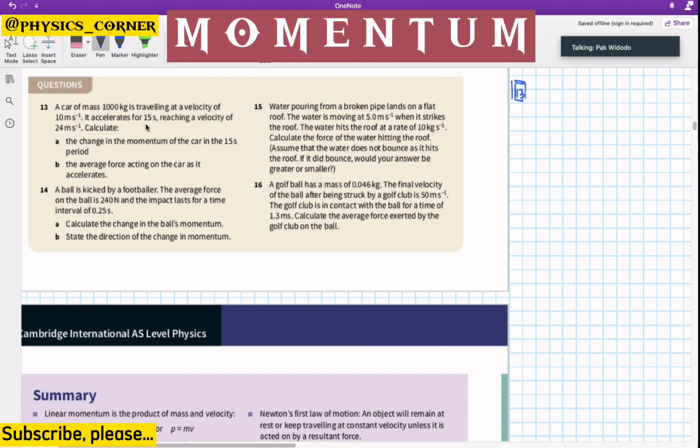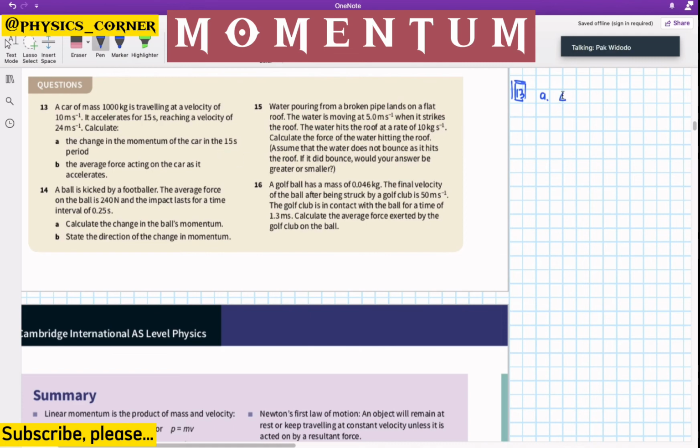It accelerates for 15 seconds, reaching a velocity of 24 meter second minus 1. Calculate the change in momentum of the car in the 15-second period.